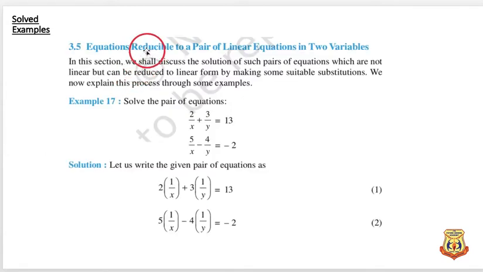Now come to this: equations reducible to a pair of linear equations in two variables. Sometimes you will get this type of equation where in the denominator you will see that x is there. That means 2 by x plus 3 by y is equal to 13. This is our equation, and this is the second equation.